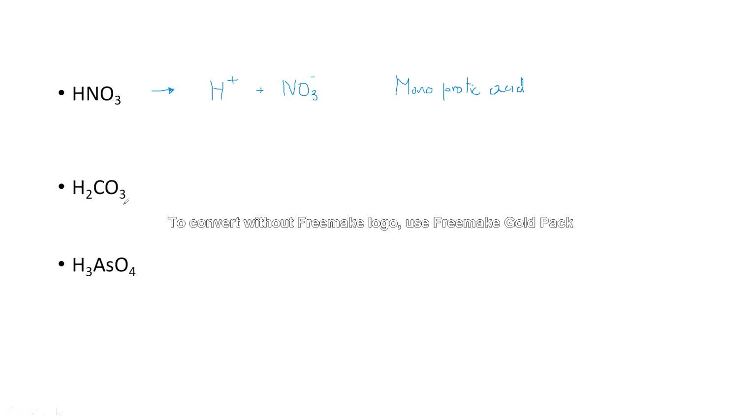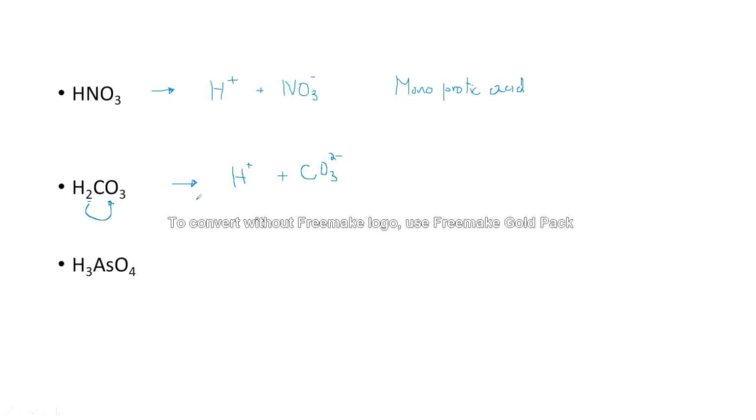Okay, second one, we have carbonic acid. If carbonic acid is dissociated in water, we have the hydrogen ion being produced, and then we have the carbonate ion, that is CO3. Can you see that we have two hydrogen atoms? These two are going to highlight the charge of the carbonate ion. It means that we have a 2 minus.